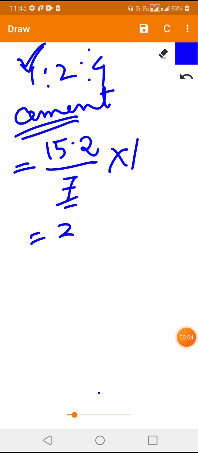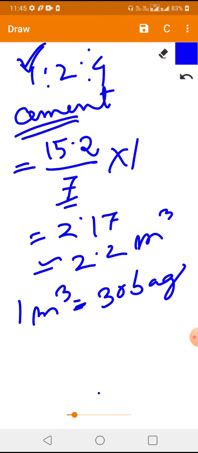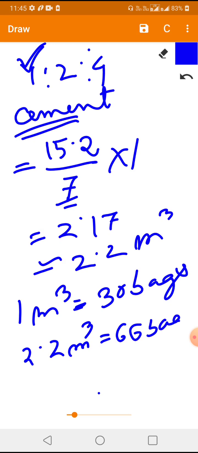We get 2.17. Let us assume 2.2 meter cube. So 1 meter cube is equal to actually 30 bags of cement. So 2.2 meter cube will be equal to 66 bags of cement. 30 into 2.2, ultimately 66 bags of cement will be required.